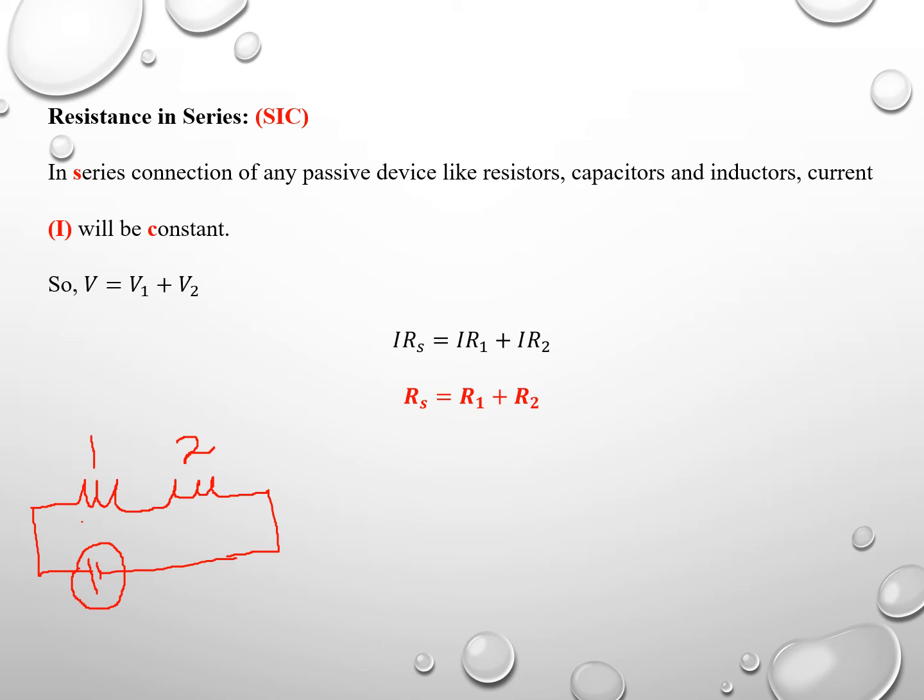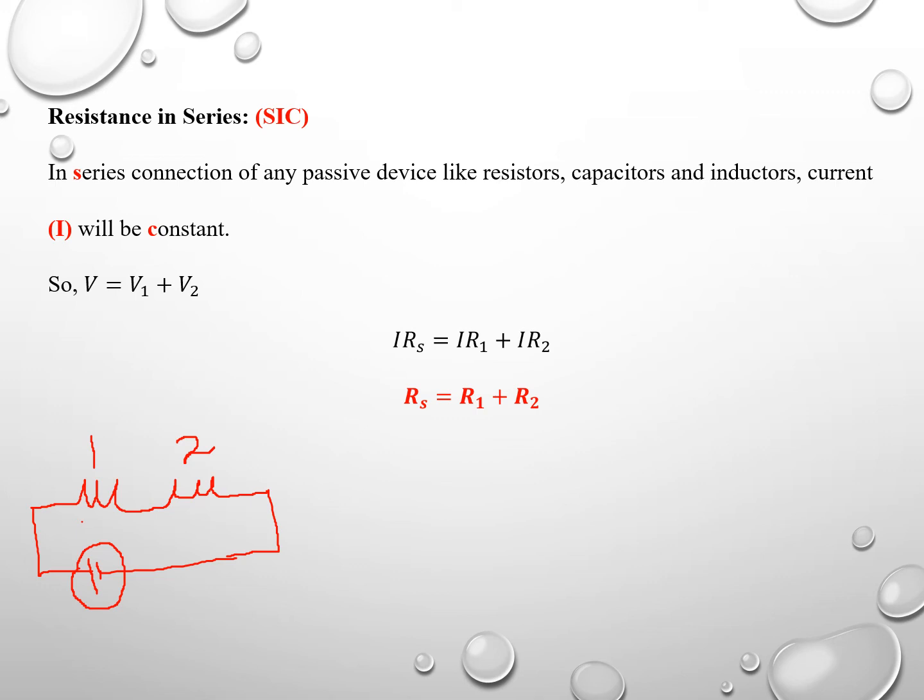If there are three resistors, it will get divided among the three; for n resistors, it will get divided among n resistors. So the voltage across each of these devices will sum up to give the total applied voltage, that is V is equal to V1 plus V2.